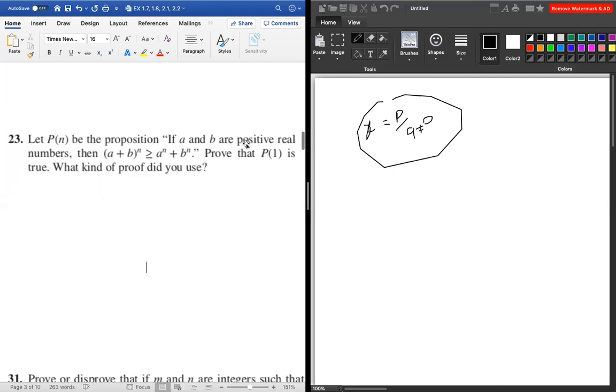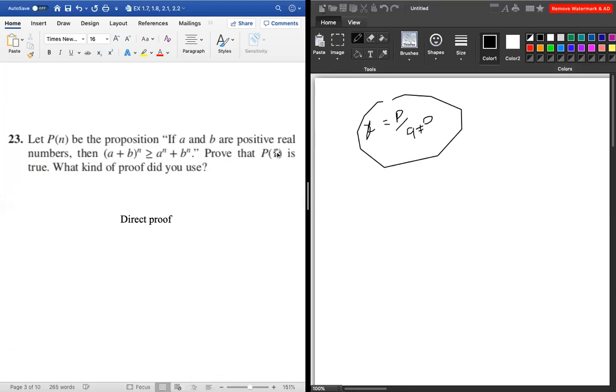So if a and b are positive real numbers, then we have to prove this. So prove that P(1) is true. So we know that the value of n is 1. What kind of proof did we use here? Basically we will just plug in the value, so we will use the direct proof here.